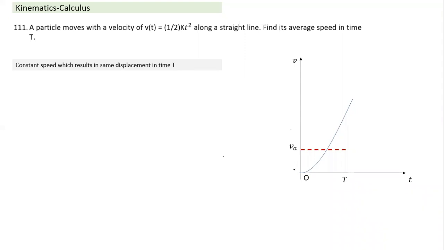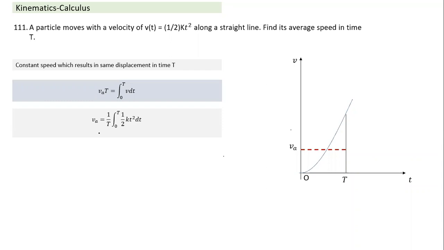So displacement is the area under the curve. What is the area under the constant speed curve? Average speed into the time interval. And what is the area under the varying curve? This is equal to the integral of v dt from 0 to capital T. And this gives you the definition of average. We have used this definition earlier also. Whenever you take an average value for any time interval, that average value is like this.